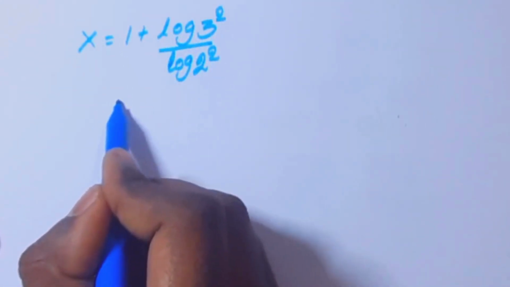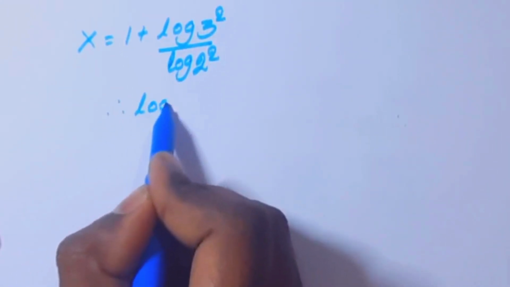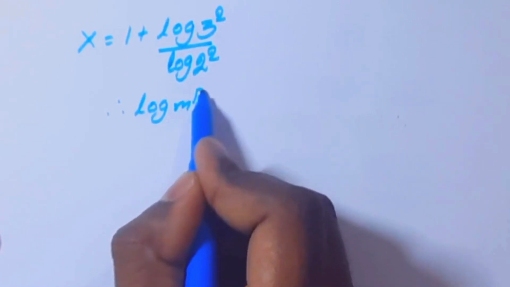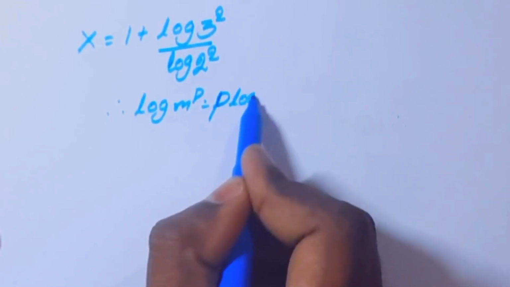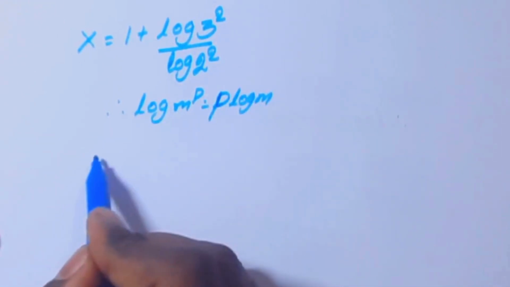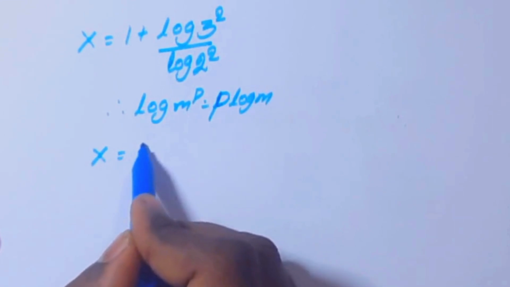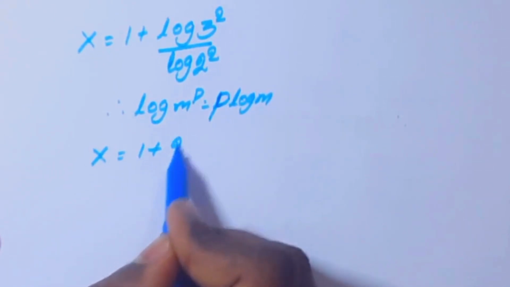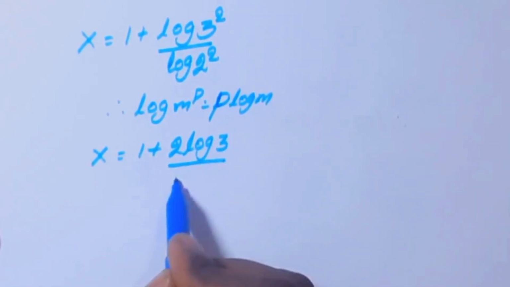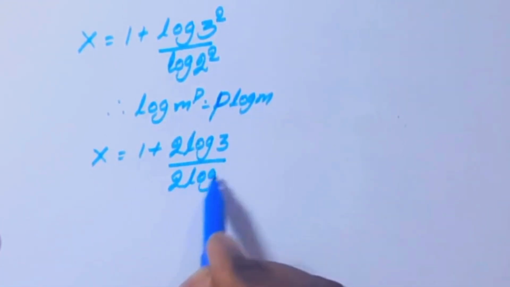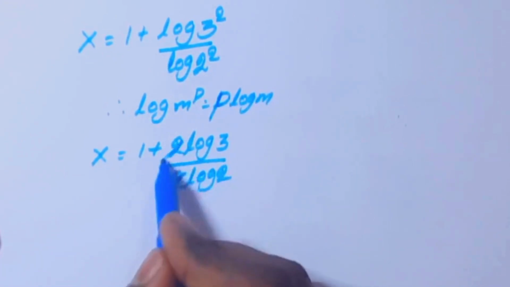Now we are going to implement this log power formula. Log m power p equal to p log m. So x equal to 1 plus 2 log 3 by 2 log 2. This 2 cancels this.